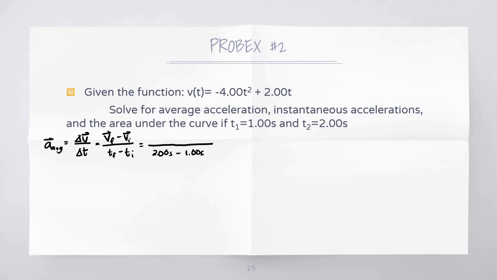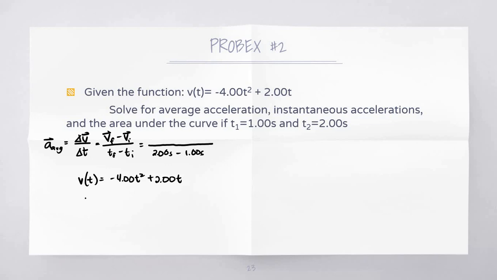So how about our final velocity and initial velocity? Just like what we did with our earlier problem, get the original function. So v of t is equal to negative 4t squared plus 2t. Now what we would do is substitute the initial time and the final time inside our function, but separately.